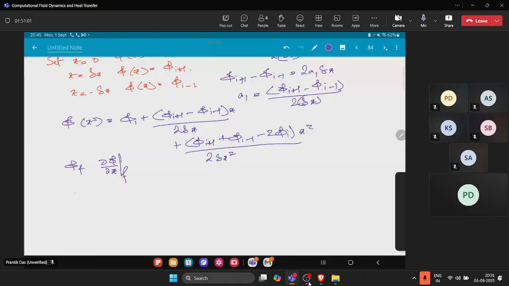So this is equal to phi I (1 minus 2) by 8, plus phi I plus 1 (1 by 4 plus 1 by 8), plus phi I minus 1 (1 by 8 minus 1 by 4). So this is equal to 6 by 8 phi I plus 3 by 8 phi I plus 1 minus 1 by 8 phi I minus 1. Is it clear to all of you?